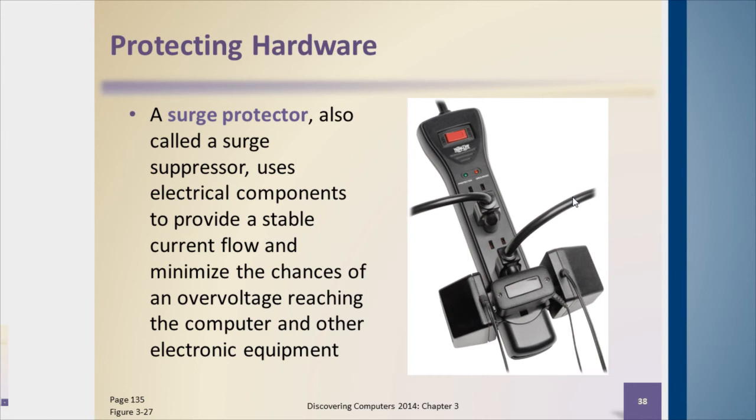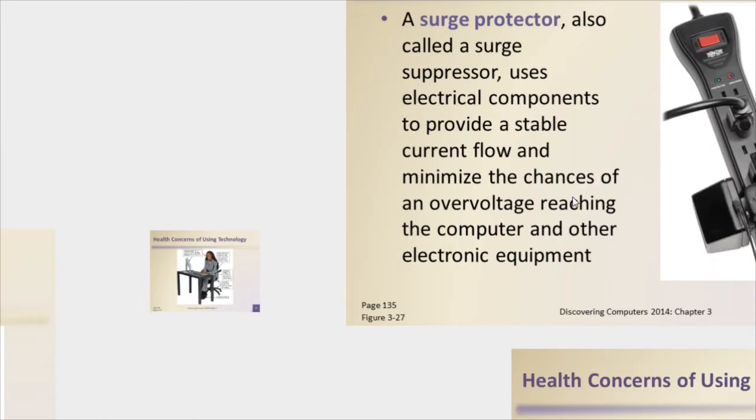This is a device that basically clamps down on surges as they come in and helps reduce that spike in the line. And this helps protect our equipment. It's not 100% fail-safe. If we get struck by lightning, it doesn't really matter what kind of surge protector we put on it. If it's a direct strike of lightning, we're going to lose our equipment. But this does give you some protection, so they're definitely recommended.